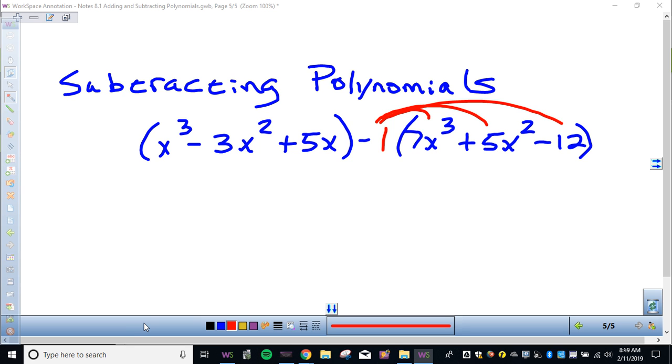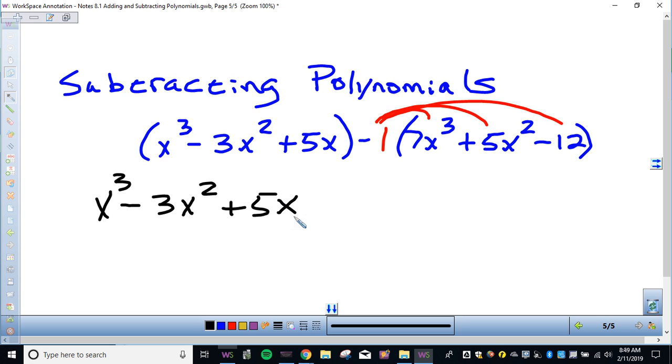That kind of concept messes with your heads. So I'm going to write all of this down without the parentheses, distributing that negative. So I have x cubed minus 3x squared plus 5x. That's just the first parenthesis without the parentheses. And then it's minus 7x cubed minus 5x squared plus 12. You just have to remember, negative times a negative is a positive. So all I did there is distribute the negative.